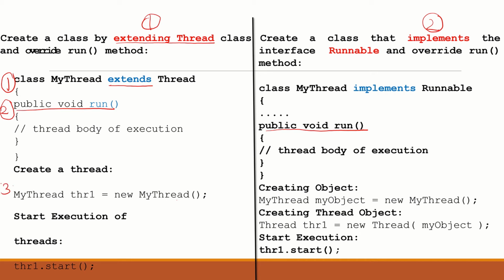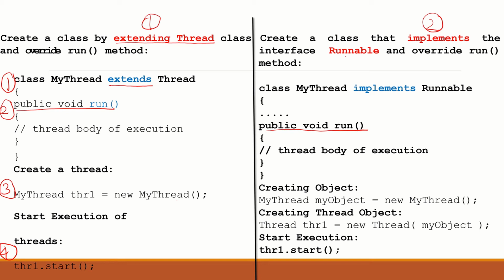Step 3, in your main method, create an instance of myThread. And the 4th step is to use the start method to start the execution of that particular thread. So this is for extending a thread.